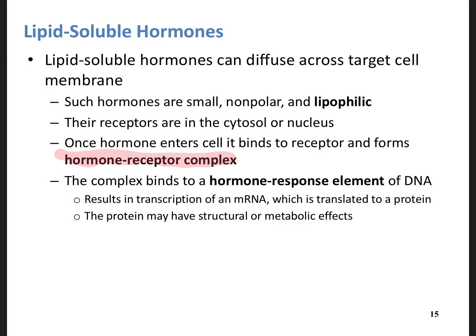Like estrogen, a lipid-soluble hormone, will diffuse across the membrane and bind to the estrogen receptor within the cytoplasm of the cell.